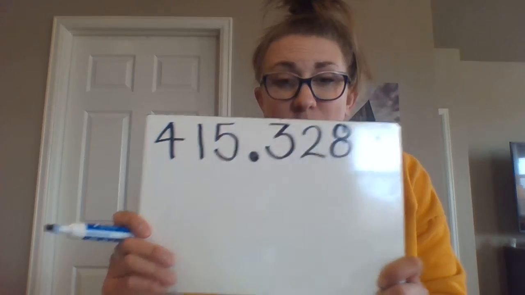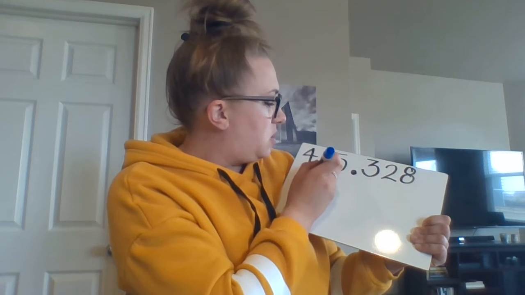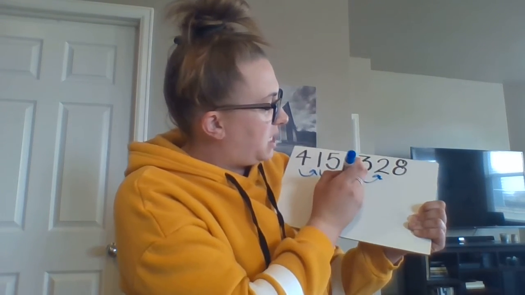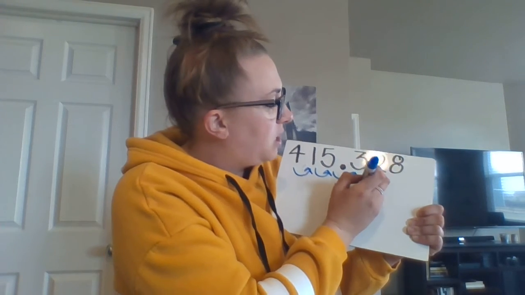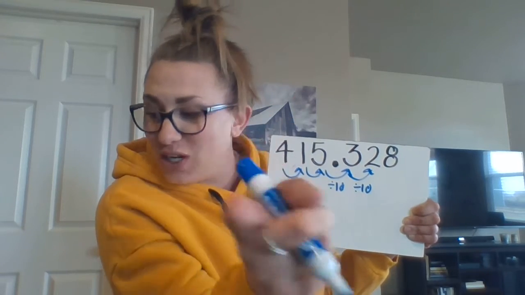Now we just talked about how basically what we're doing as the place value gets smaller is dividing by 10 every time. That's why this is called the tenths. What's a tenth divided by 10? A hundredth. We know that as the hundredths place, right?